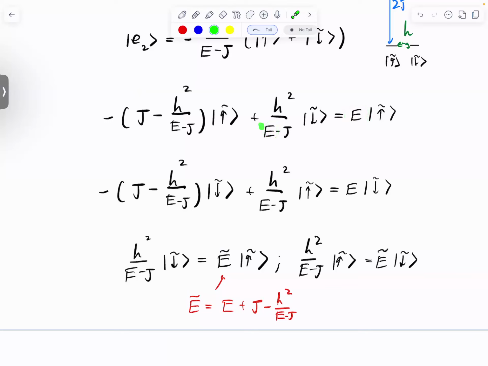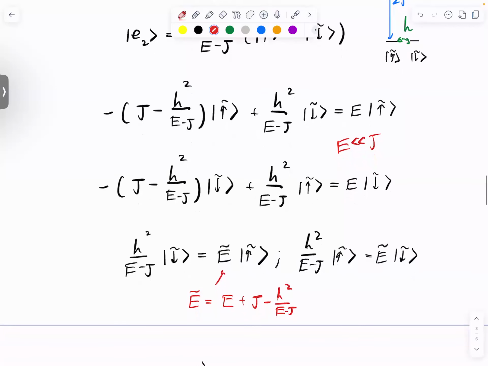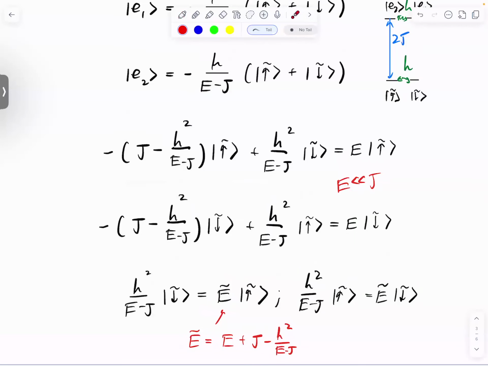What I did was effectively throw away the E on this side because I said E is much smaller than J. That was the justification, because we're looking at energies, we're looking at physics here at this scale, which is much smaller than J. And that was our justification. But you can't do that generally. Okay, and it only becomes justified if you have this large scale.